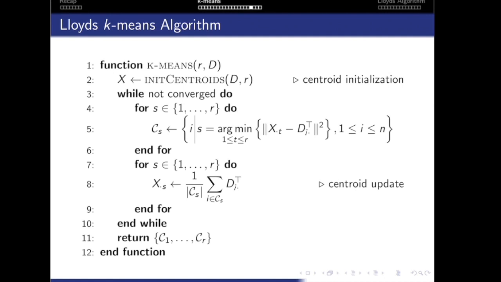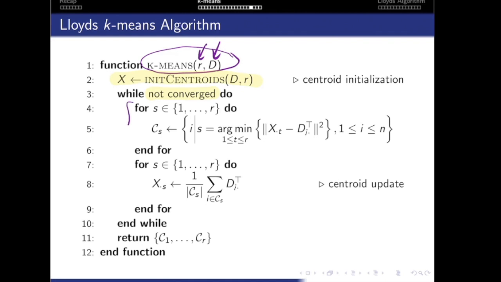Let's have a look at how that would look in pseudocode. So we have here the function of k-means, and this is actually known as Lloyd's algorithm. You see here it gets as input the rank, so the number of clusters, and the data matrix. And then we have to initialize somehow our centroids. And then we compute the procedure as we have discussed it now. As long as we did not converge to a solution, we do these cluster assignment updates.